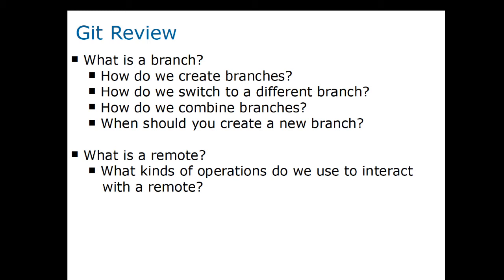I have my master branch. I never, ever, ever add code directly to the master branch. The only way code gets added to a master branch is by merging in the other branches. So if I'm on master, I should not be changing code, right?